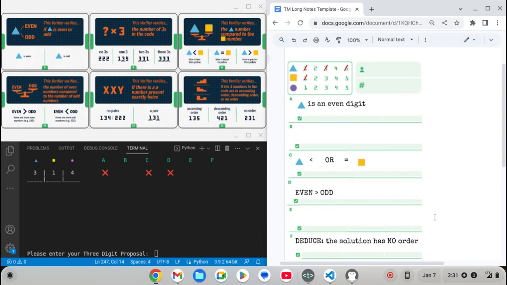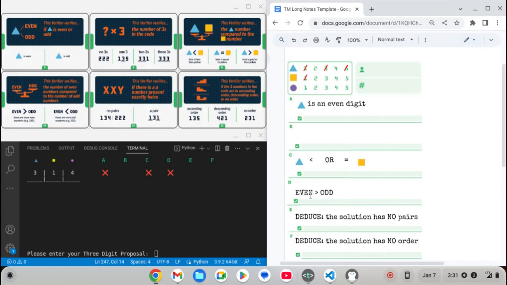We're going to deduce that the solution has no pairs. Now, since there are no pairs and you have a majority of evens, that does mean that you can only have two evens, because if you have three evens, one of them would be paired up.